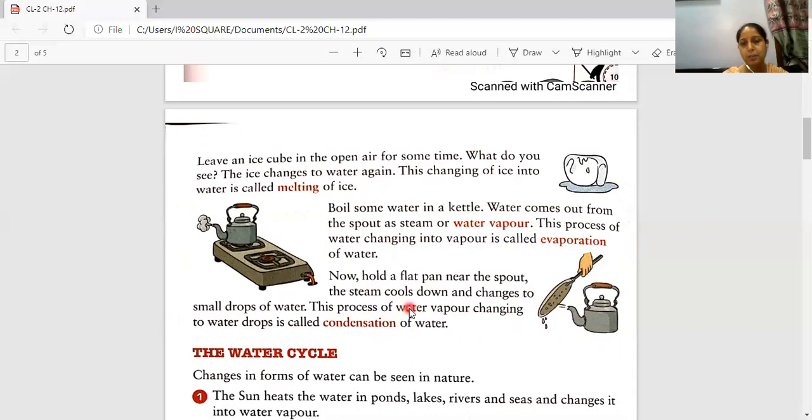So I hope in this video we are very clear about what is evaporation, how water vapor is formed, and what is condensation, because after this we are going to study the water cycle, and in the water cycle all these processes are combined and then a water cycle is formed.